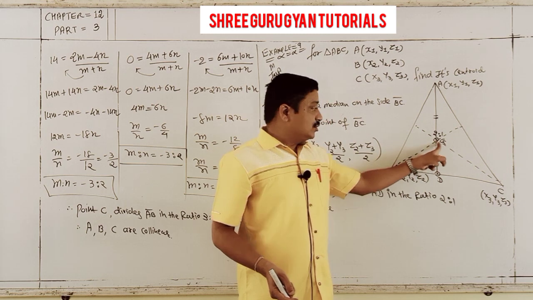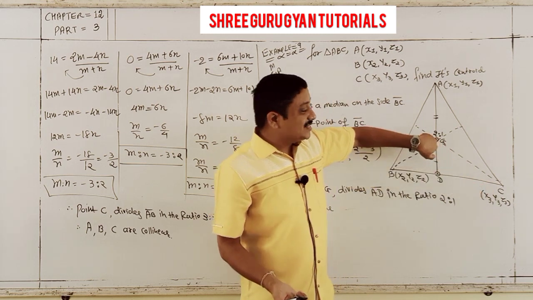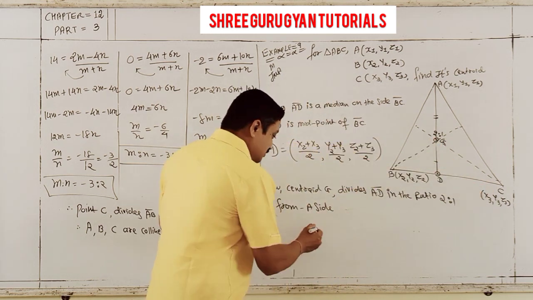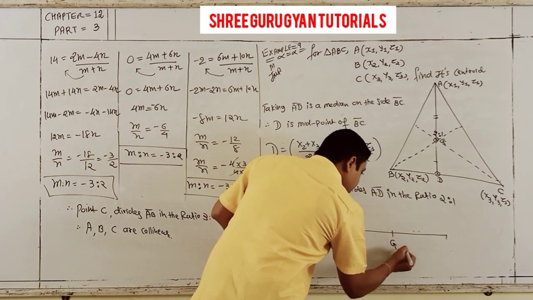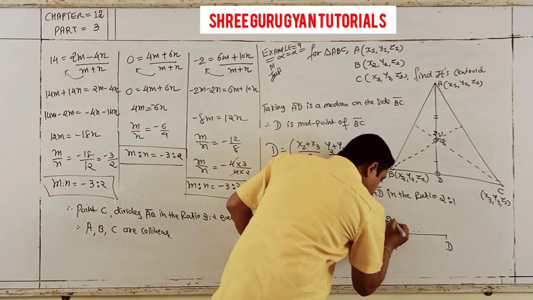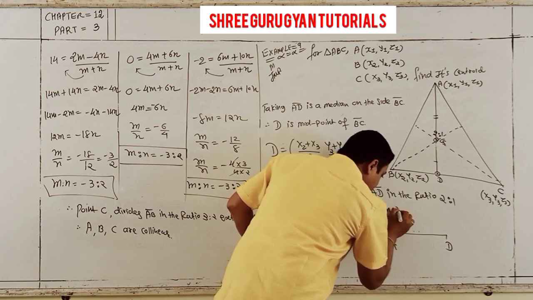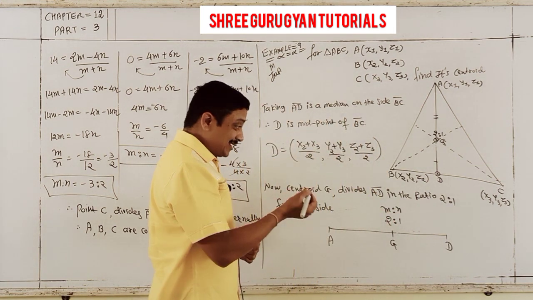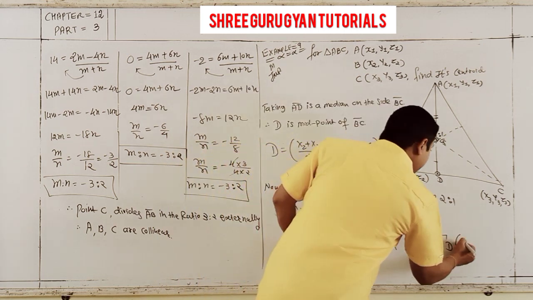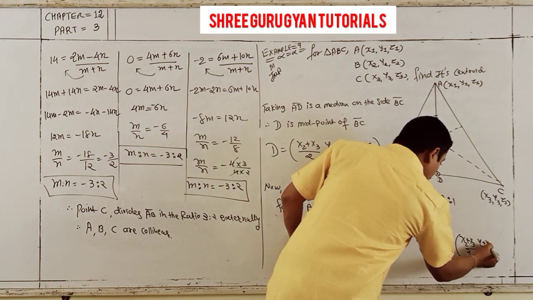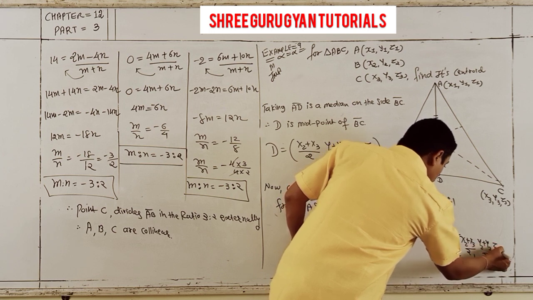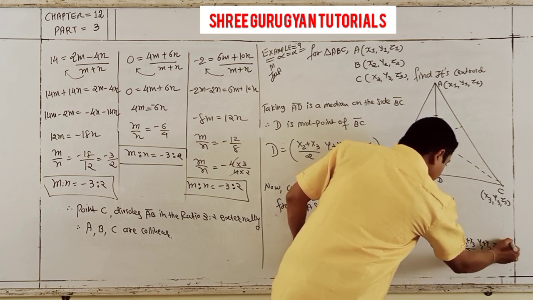If you take the B side, also 2:1, and the C side, also 2:1. So, students, drawing A, G, D, that is 2:1. I consider the ratio m:n. D is known: x2 plus x3 by 2, y2 plus y3 by 2, and z2 plus z3 by 2.